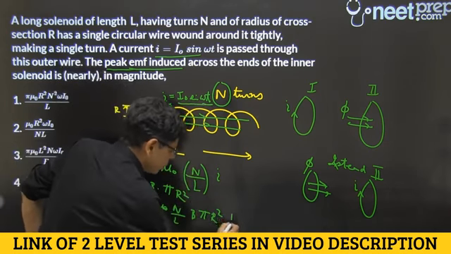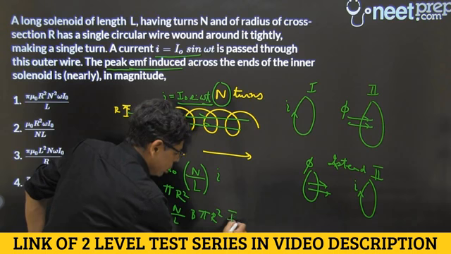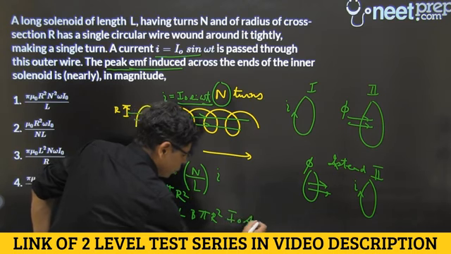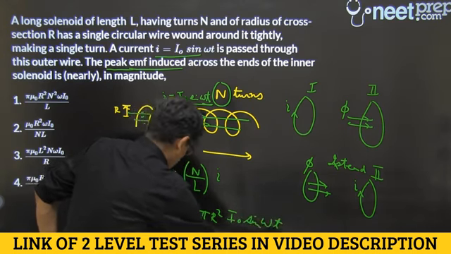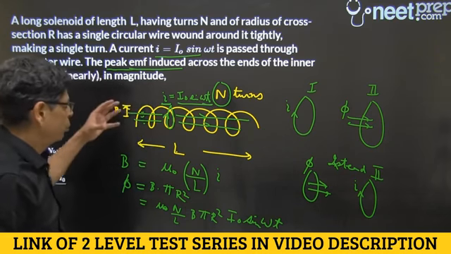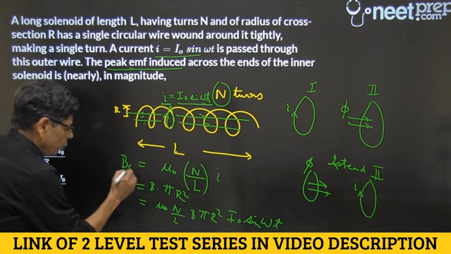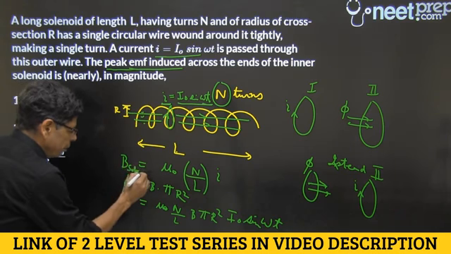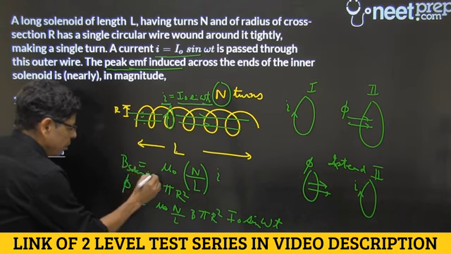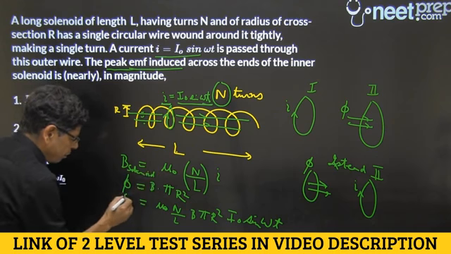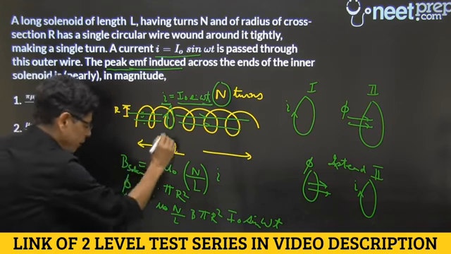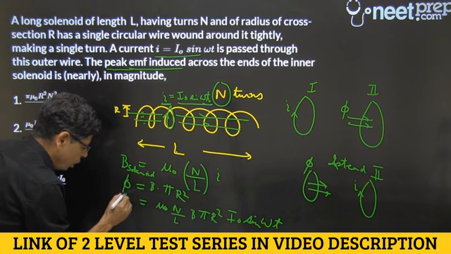So its value is I naught sine omega t. So that's the flux through the solenoid. This is B through the solenoid. Sorry, flux through our green wire. Flux through wire loop.